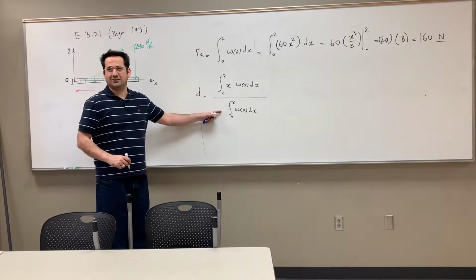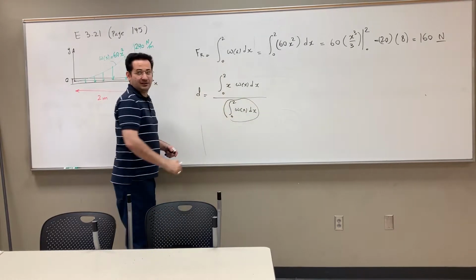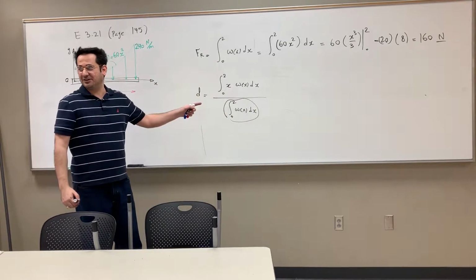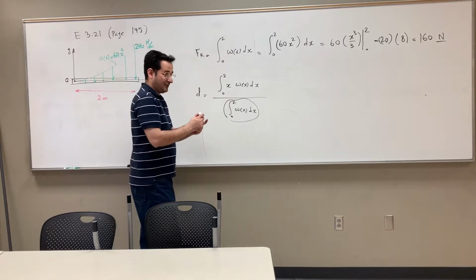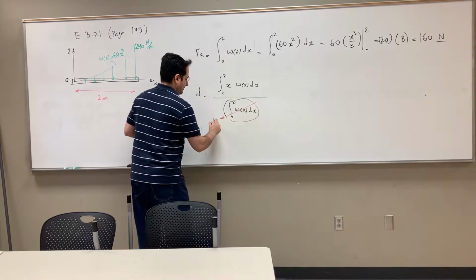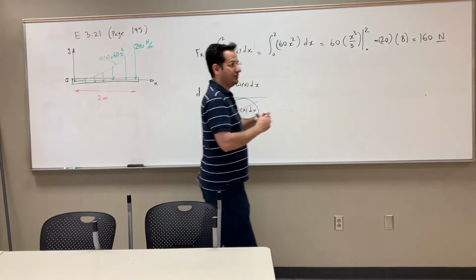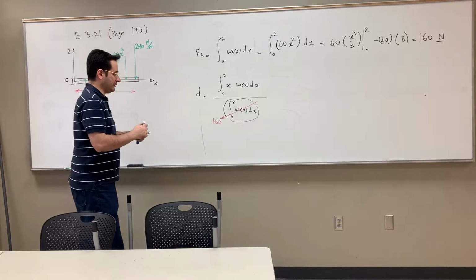Look, sometimes we need to reuse our information. We have already done this. It's right here. Don't do integration twice. You can, but I save the time. This one is 160 already. You did it here. So I just do the top divided by 160.